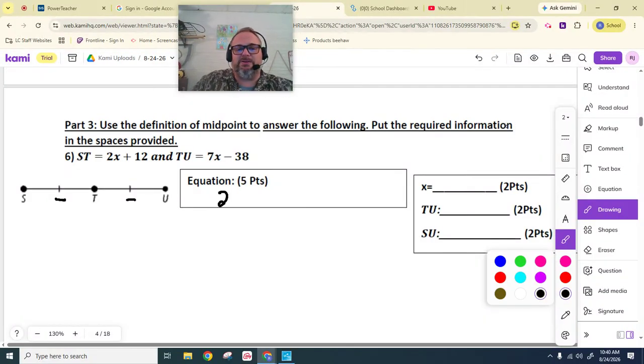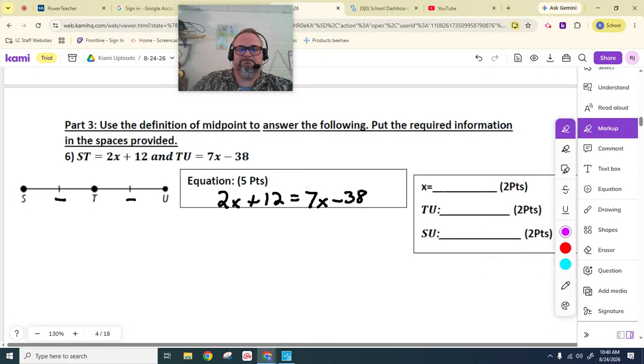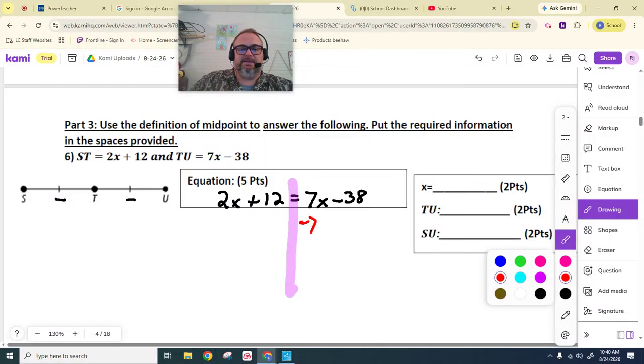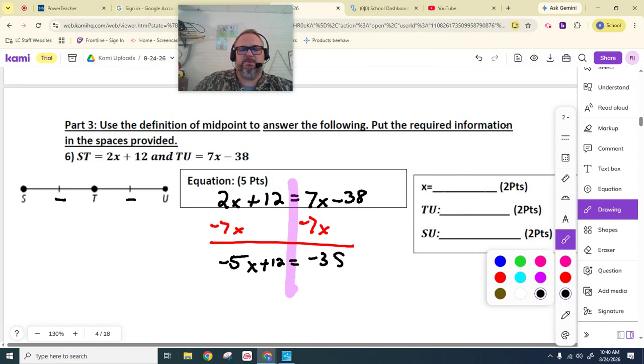So that's what I would also probably write on my orange sheet, that on number 6, I would set those equal to each other. -7x, -7x. Better. All right, -12. Oops. Almost said minus 21. And I said 12.